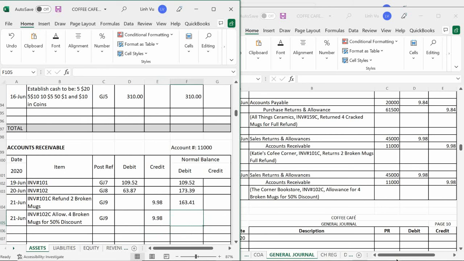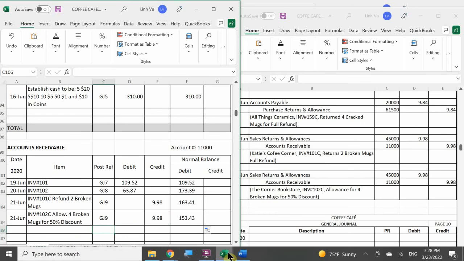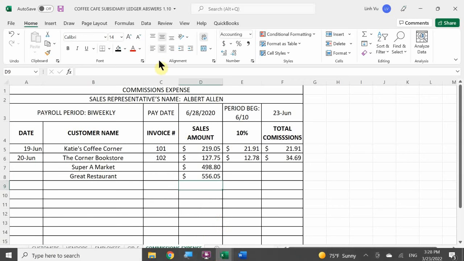So once again, how much do my customers overall owe me? $153.43. Last but not least, we need to update the subsidiary ledger.